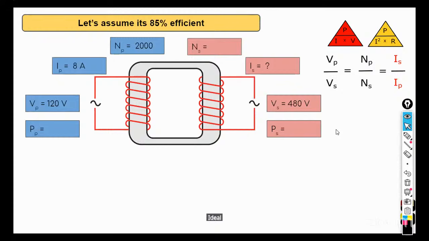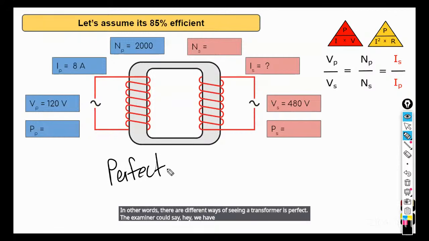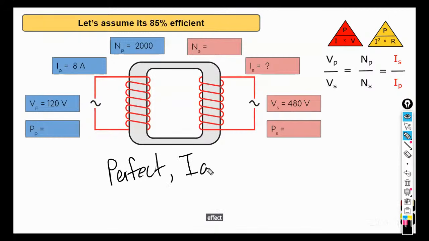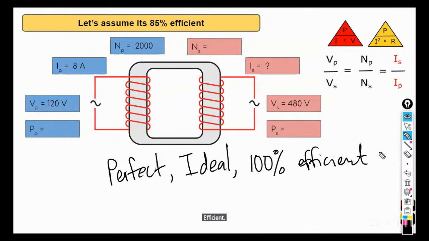There are different ways of saying a transformer is perfect. The examiner could say we have a perfect transformer, or an ideal transformer, or it's 100% efficient. All three of those things mean the same exact thing.